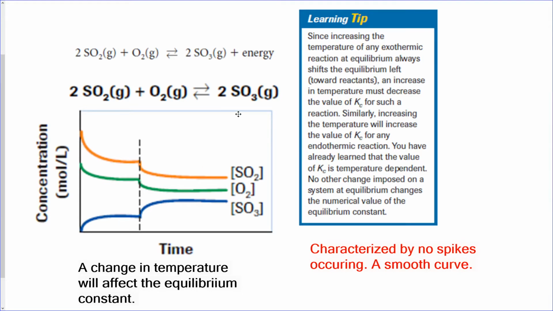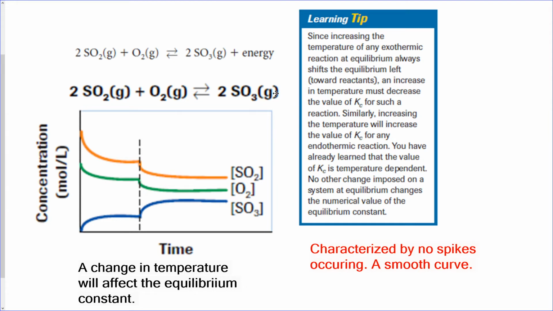Unlike the first two, where the Kc stays the same because we stay at the same temperature, in this case, the Kc is going to increase if we increase the energy in an endothermic reaction, and it's going to decrease if we increase the energy in an exothermic reaction.